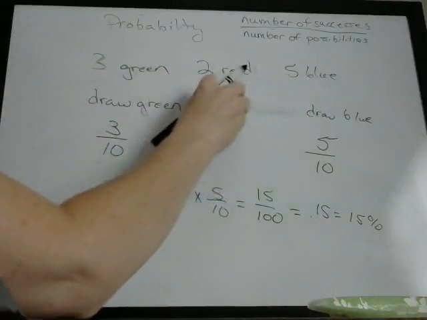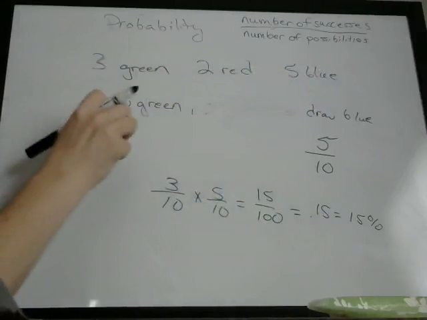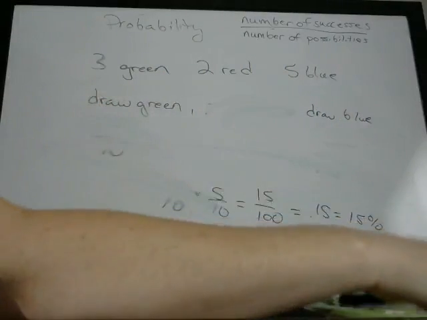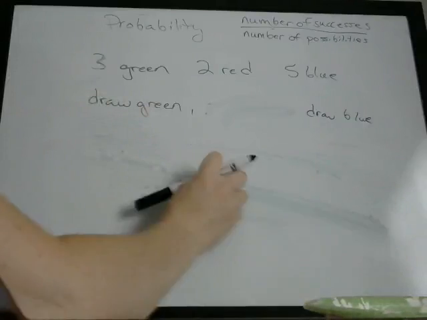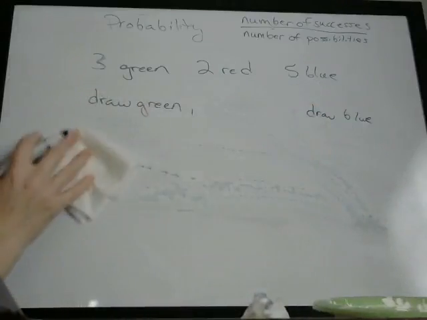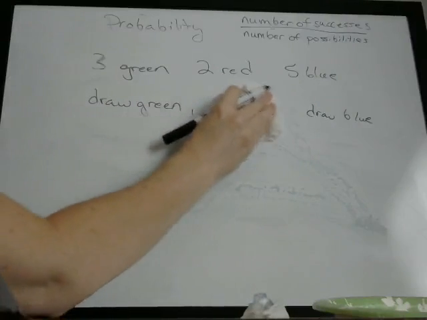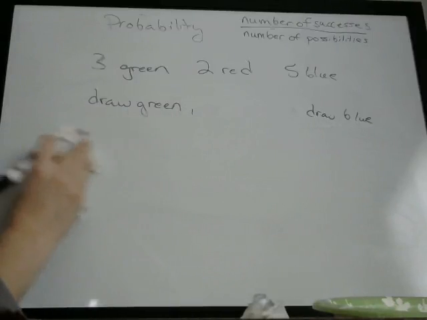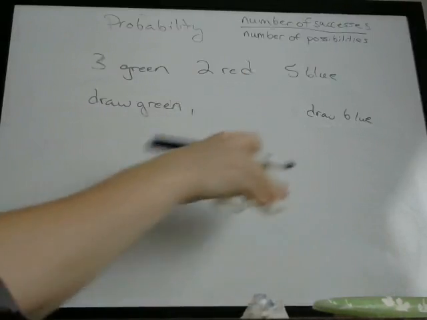So let's say we don't put it back. So now the question is, we have this bag of marbles. What's the probability that we would draw a green one, not put the marble back, and then draw a blue one?